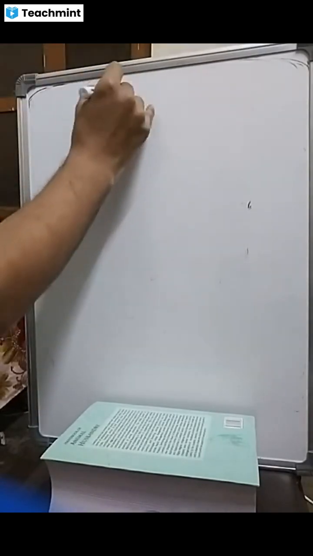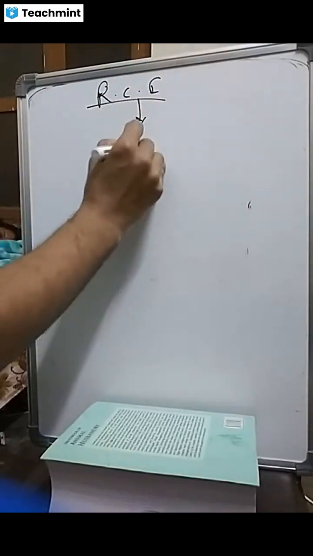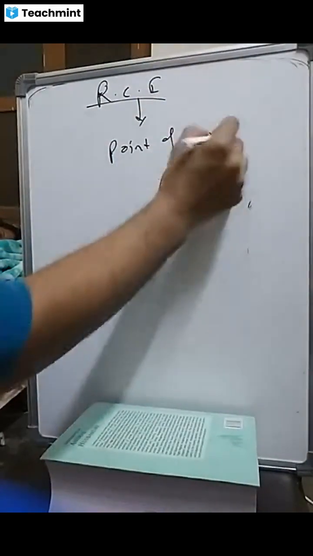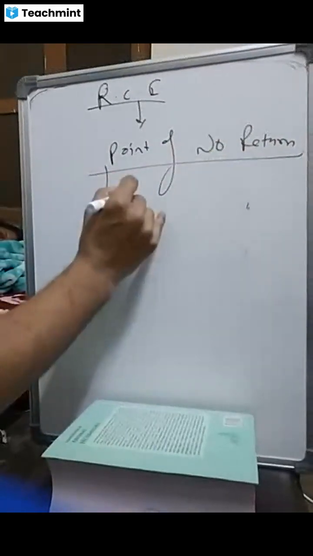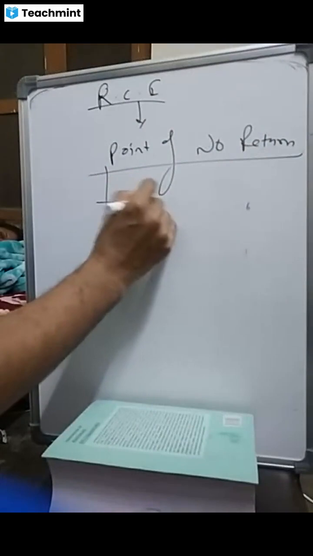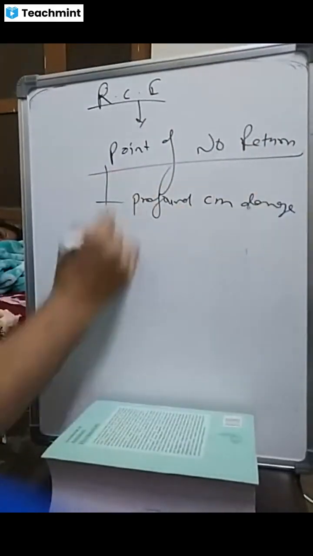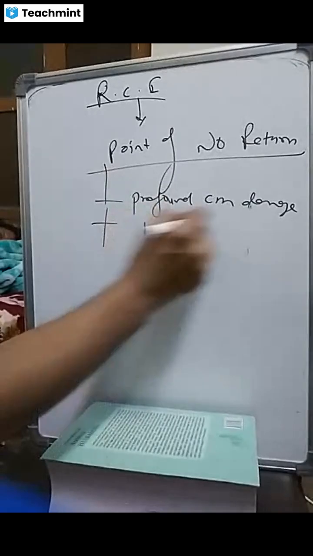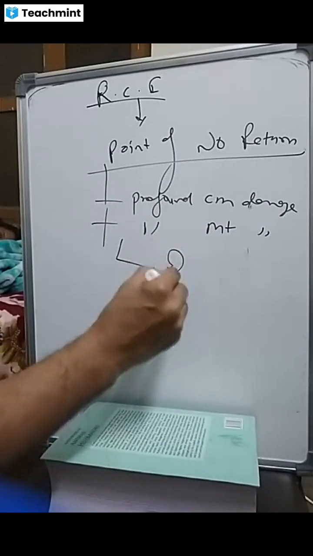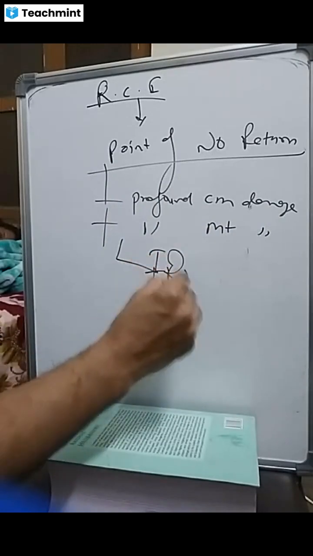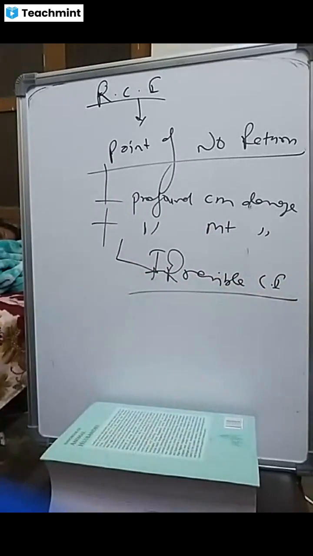Then, after reversible cell injury, it comes to the point of no return. This means the cell membrane is damaged and there is mitochondrial damage. Then it will move towards irreversible cell injury.